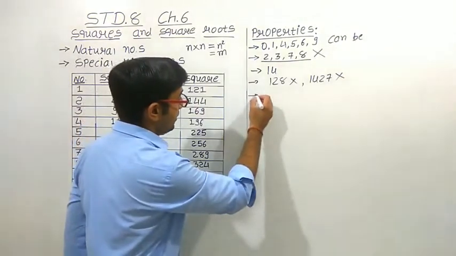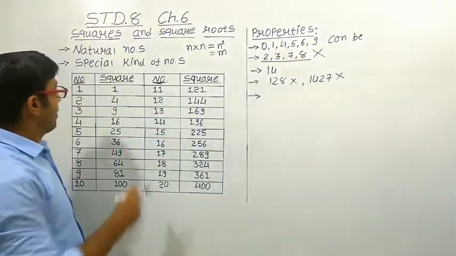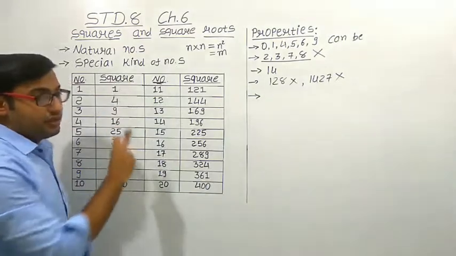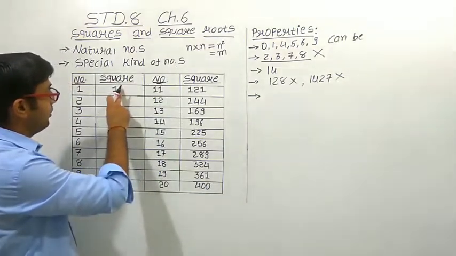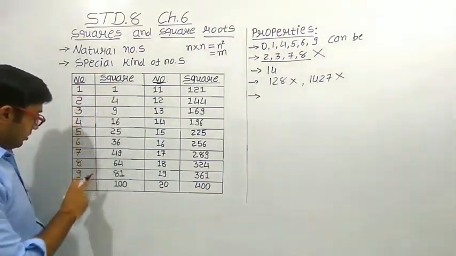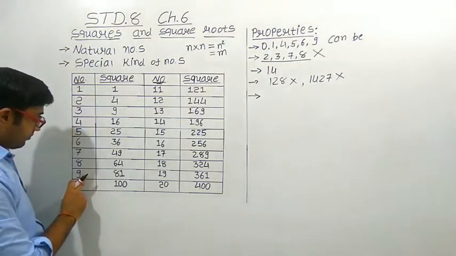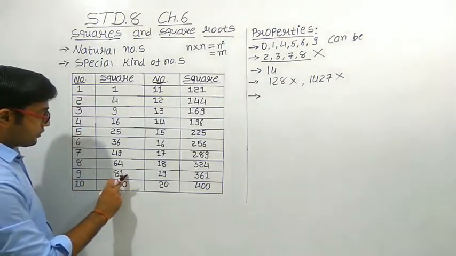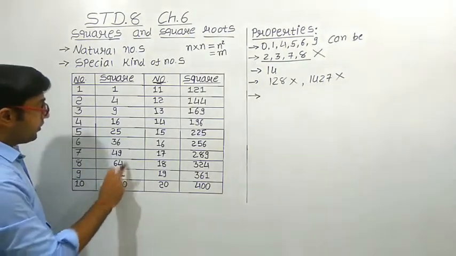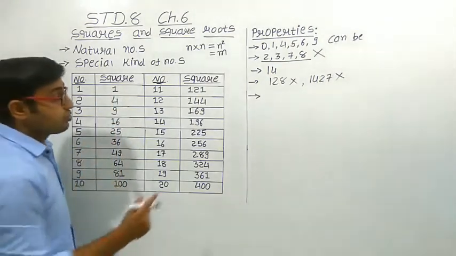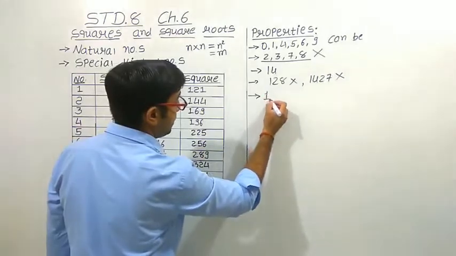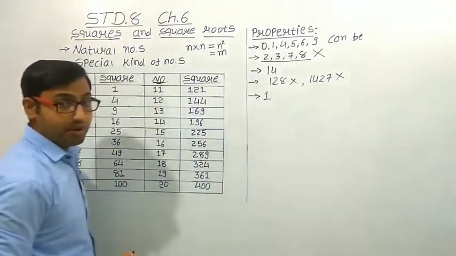Now notice here, see, if the unit place number is 1 or 9, 1 or 9, what do we get at its perfect square unit digit? 1 and 1. So there is a 1 at the unit place of the perfect square number.